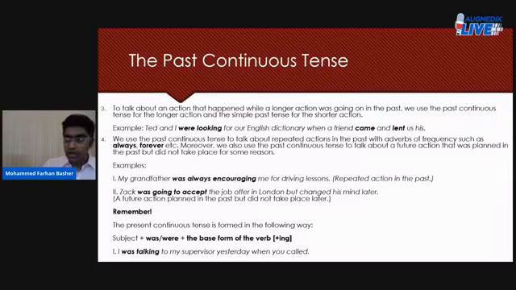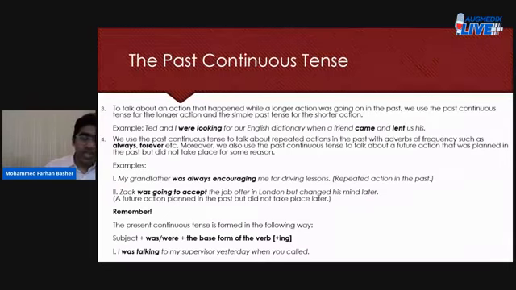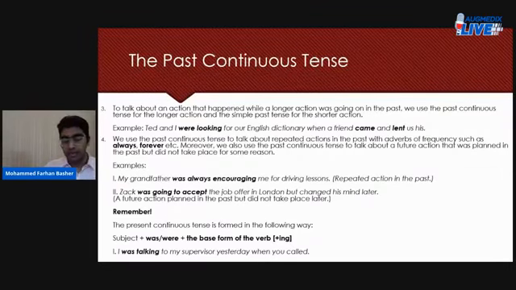Looking, of course, takes longer. Walking up to someone and giving someone something takes place in a very short period of time. So the shorter action is said in the simple past tense. The longer action is said in the past continuous tense. So we say, Ted and I were looking for our English dictionary when a friend came and lent us his. Okay? All right.